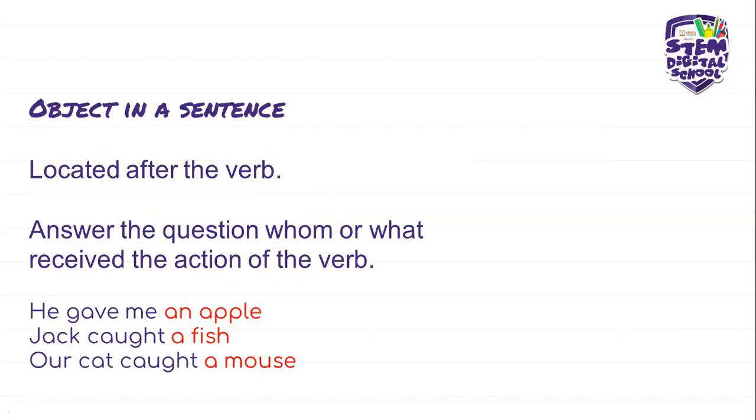Okay, so who or what received the action of gave? The apple. Who or what received the action of caught? A fish. And who or what received the action of caught again? A mouse. Okay. Any questions regarding the object?